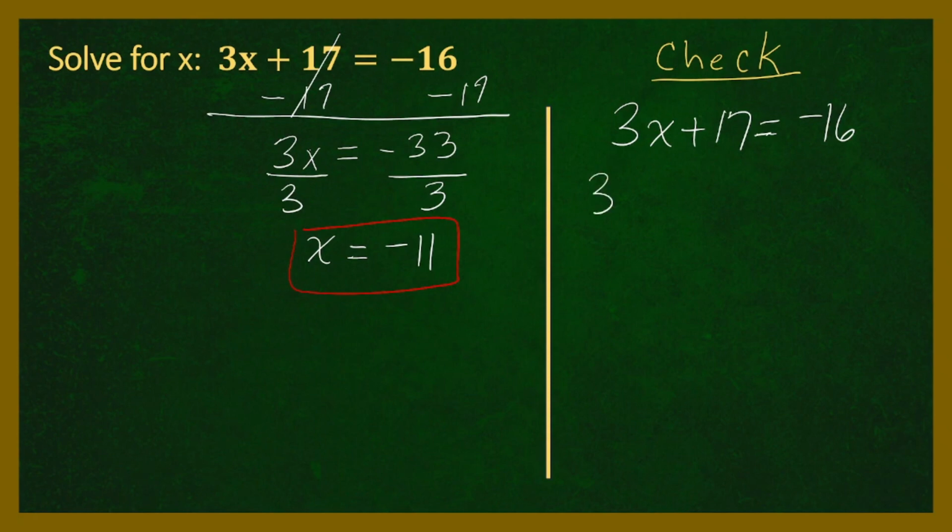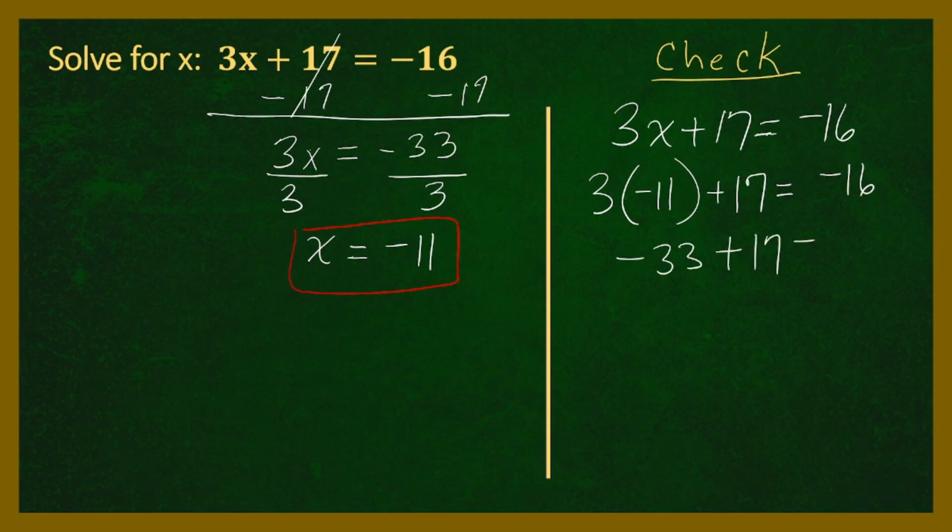So we're going to write 3 times negative 11 plus 17 is equal to negative 16. Now we're going to evaluate this equation. 3 times negative 11 will give us negative 33, plus 17 is equal to negative 16.